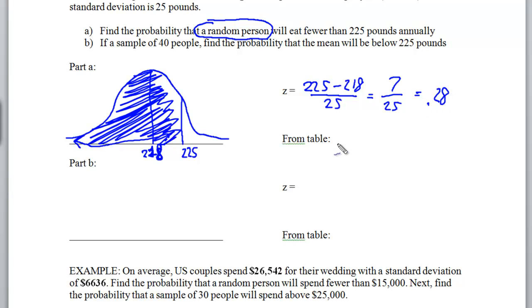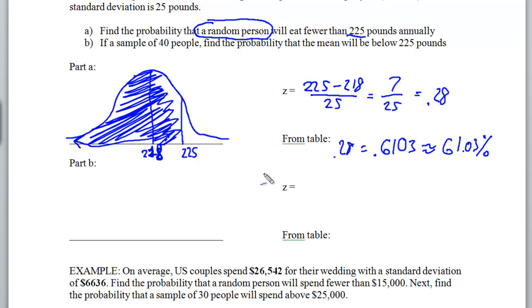From table E, which is on the inside cover of your book, 28 hundredths is at 61%. So approximately 61% of the population will be below 225 pounds of red meat eaten per year.